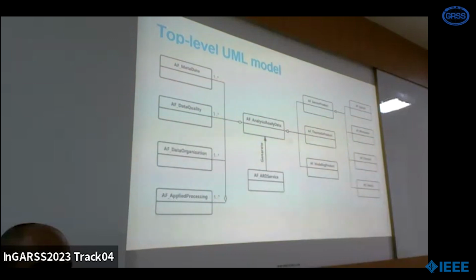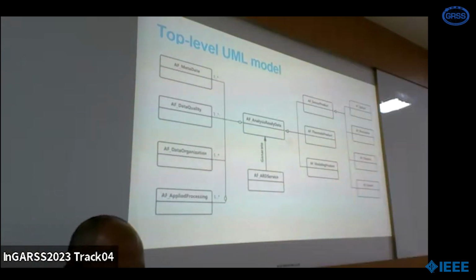So one first component is metadata, and this will be detailed in clause 6, as I go through the outline. Then we have data quality, which will be detailed in clause 7. Another component is data organization, which is going to be detailed in clause 8.